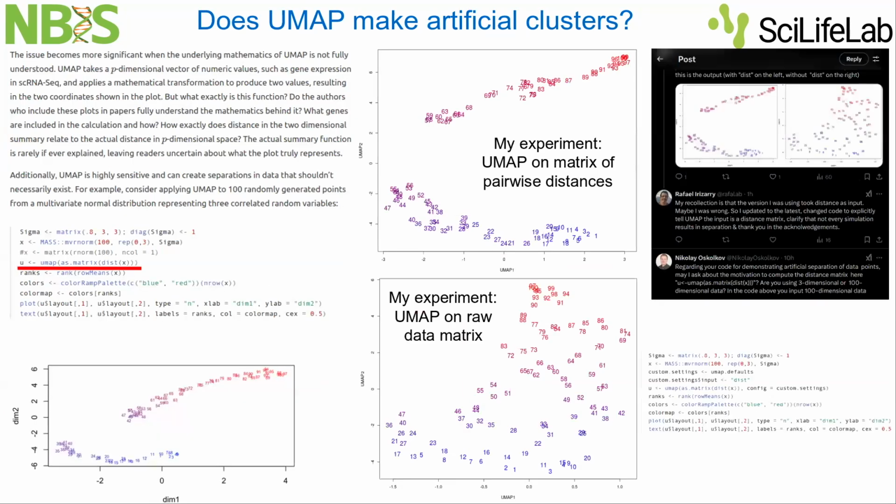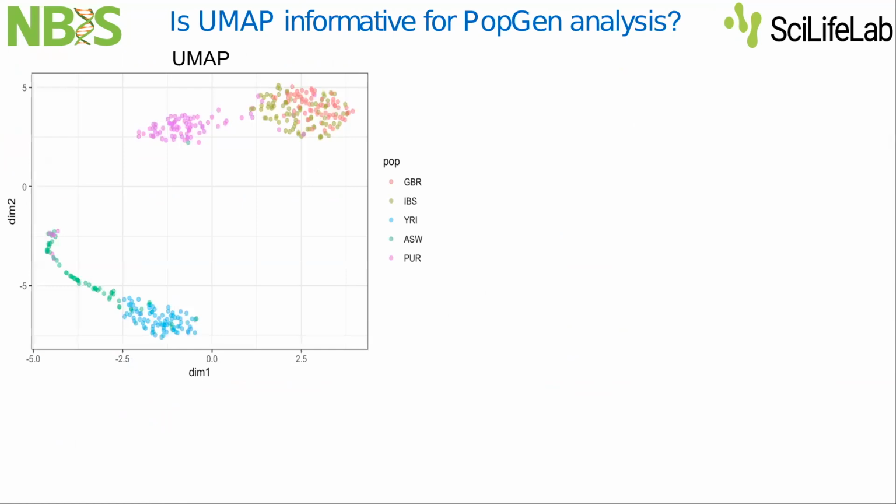But indeed, for population genomics, this inability of UMAP to correctly address inter-cluster distances is very relevant. For us in single cell, often we want to just discover clusters. We don't want to interpret which cluster is closer to another one.